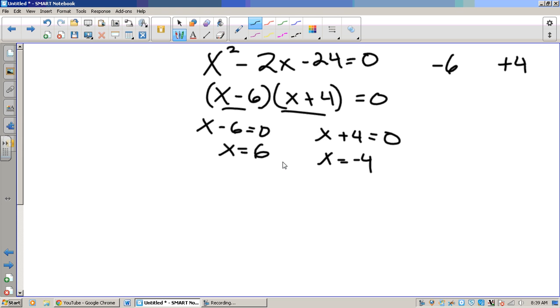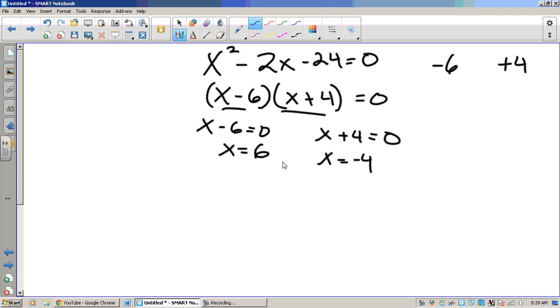So our answer in this case, if we factor this, would be 6 and -4. Well, that's nothing new. Today, you're going to be able to say that I can solve the quadratic equation using 3 different ways. You already know how to do 2 of them. I want to add the third one for you. The third way is I can solve an equation by using the quadratic formula.